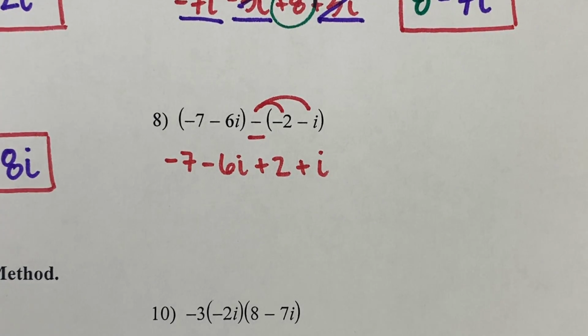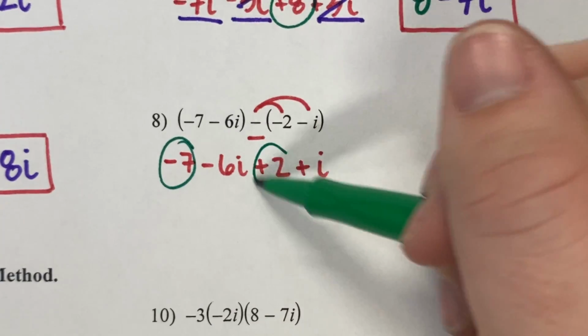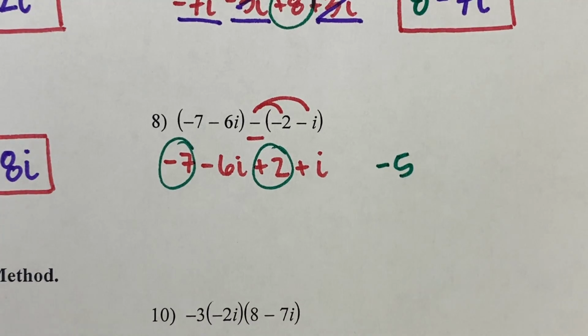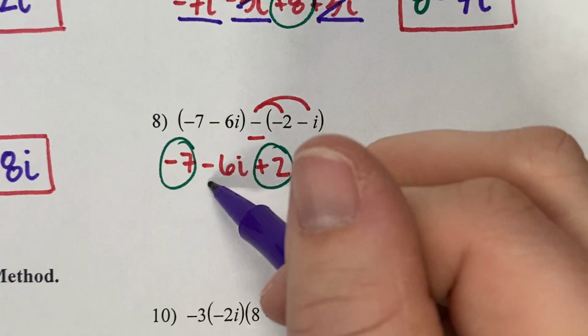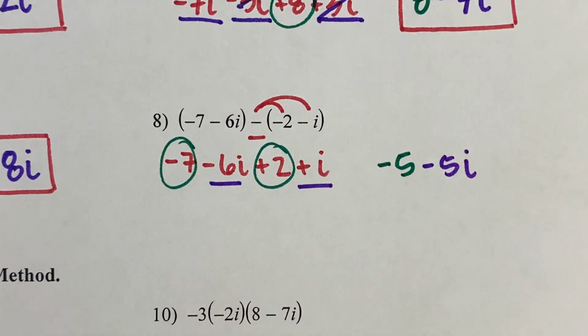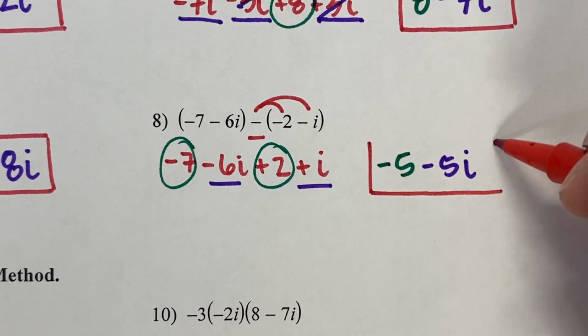Now I can go ahead and combine like terms. So I have negative 7 plus 2 is going to give me negative 5. And negative 6i plus 1i is negative 5i. And there's our final answer.